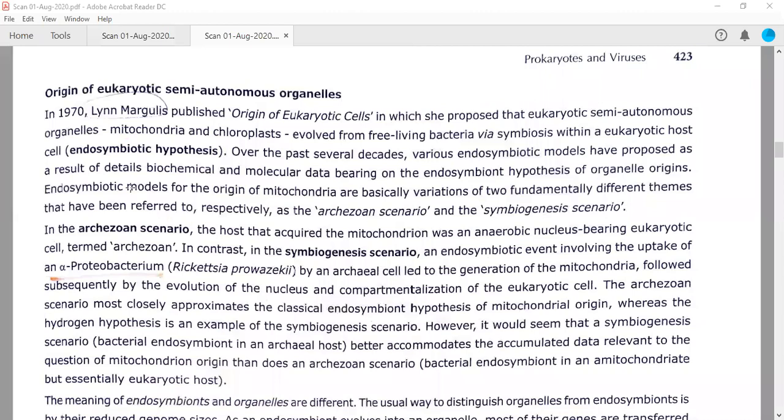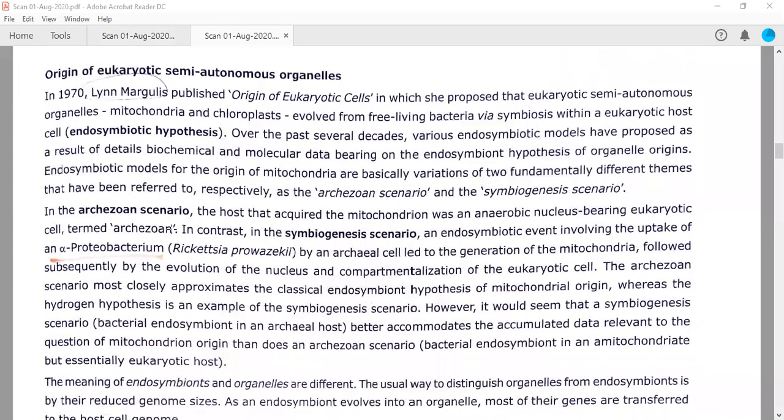Now, the first model is the Archaeozoan scenario. In this particular scenario, the host, which is acquiring the mitochondria or this proteobacteria, was an anaerobic nucleus-bearing eukaryotic cell, and this eukaryotic cell is termed archaezoon because it was anaerobic. In contrast, the second hypothesis or scenario is the symbiogenesis scenario, where an endosymbiotic event involving the uptake of an alpha proteobacterium, that is actually Rickettsia prowazekii.